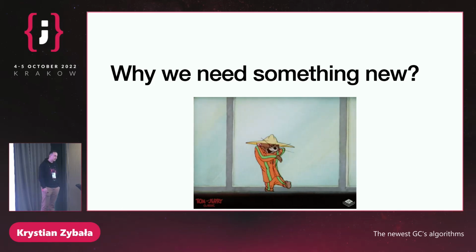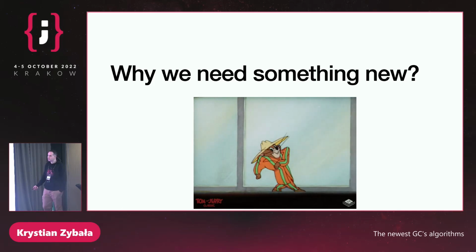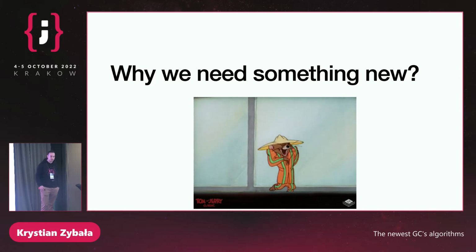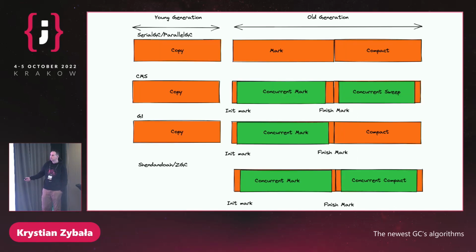But of course, you can ask me why we need something new, because G1 is still improving and so on. But when we look at this picture, when we compare these algorithms, we see that the orangish squares mean the stop the world phase. Greenish is the concurrent phase. It means that most of this algorithm makes the stop the world, meaning our application doesn't work. It's not good from a business perspective, a resources perspective, and so on.